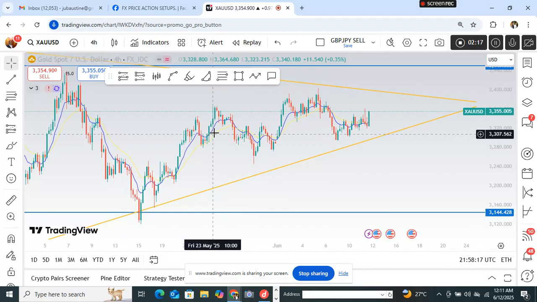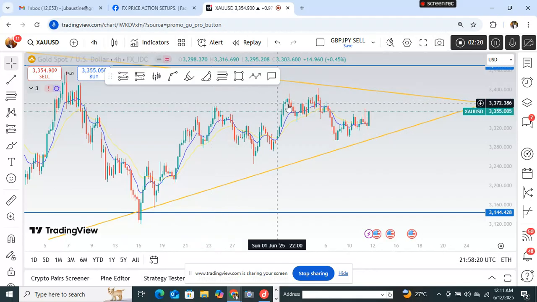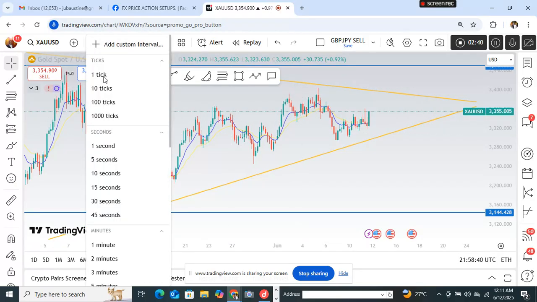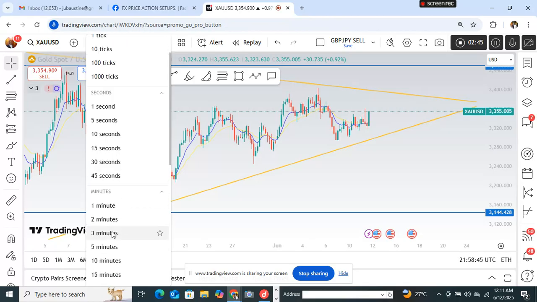Okay, and you see the price moving and shrinking into the triangle. So there's a high chance for an immediate move that the market will move up to the next resistance level at 340 or 344. Okay, so we can see that buyers are still in charge of this market.